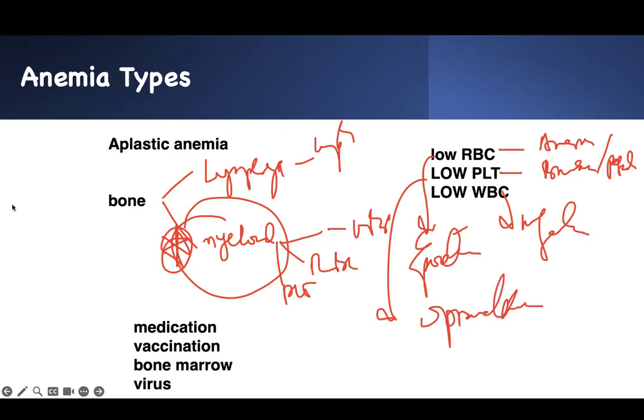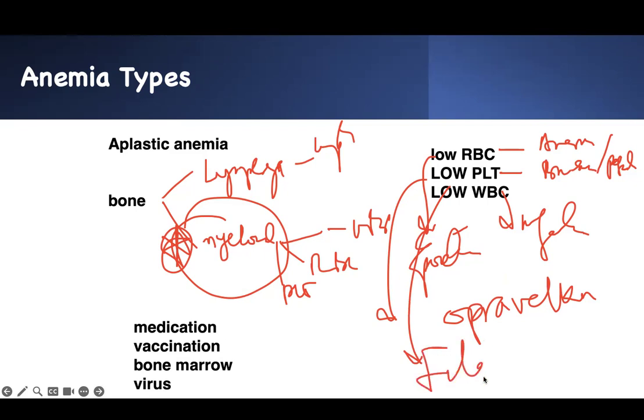This is what is responsible for helping you make platelets. And then for the white blood cells, the last name, I call them filgrastim. They are the grastims. So whatever we give you that has the last name grastim, like filgrastim, is going to help with what? The WBC.